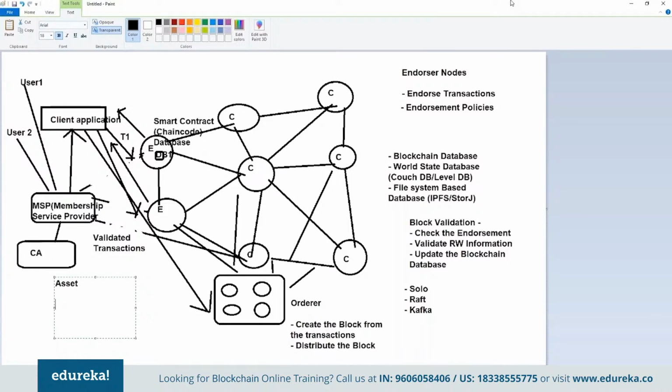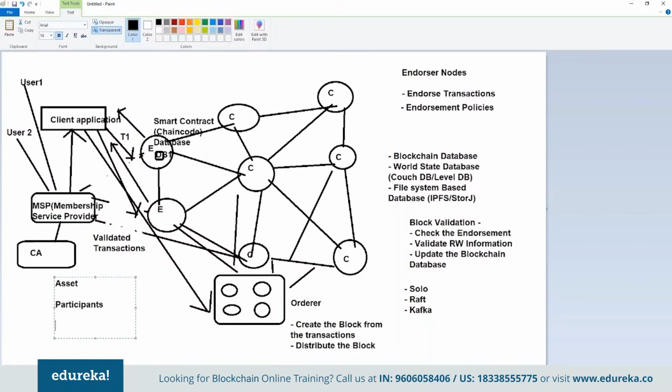Whenever you are designing a blockchain network, especially Hyperledger Fabric, you need to first think of what assets are part of this network. Second thing is participants. When you know these are the assets, then what all participants will be there in my network.